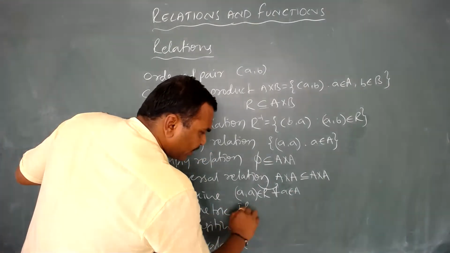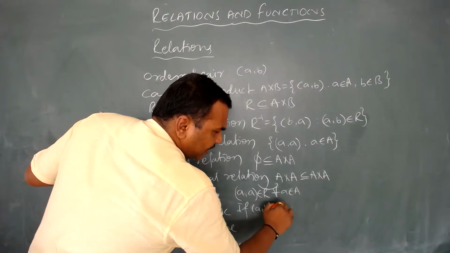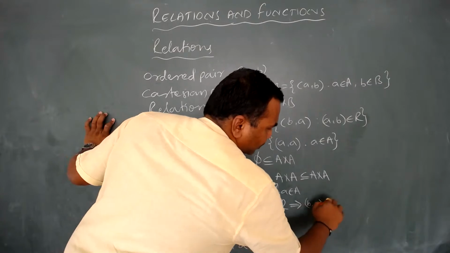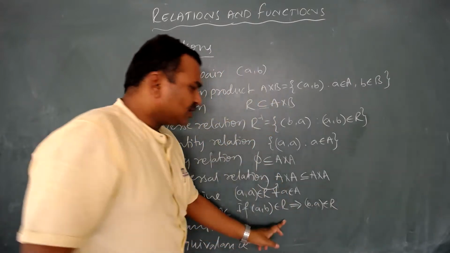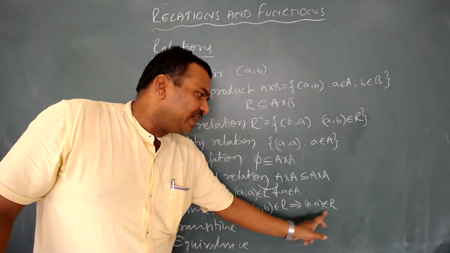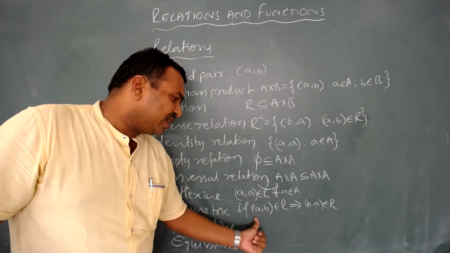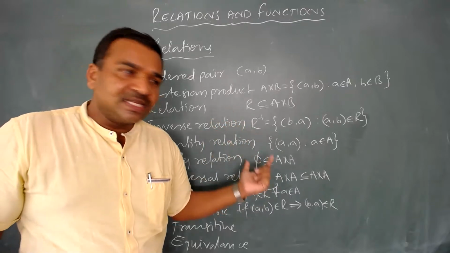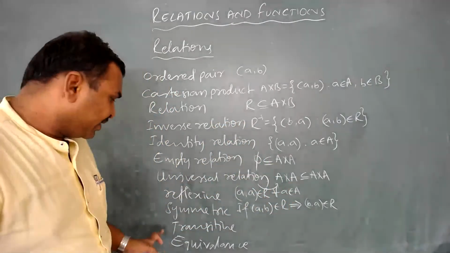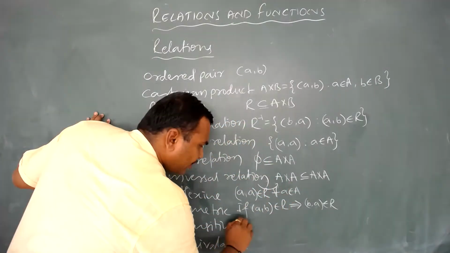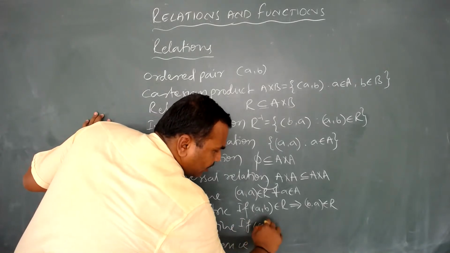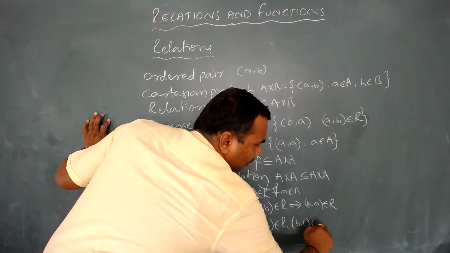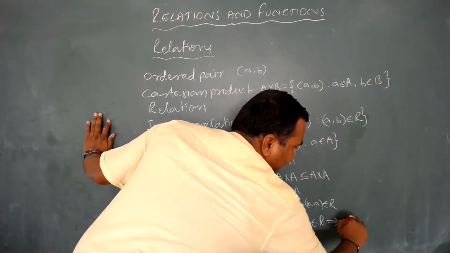If A comma B belongs to R implies B comma A belongs to R. If AB belongs to R, then we have to prove BA also belongs to R. That is, if AB belongs to R implies BA belongs to R, then we can say R is symmetric.